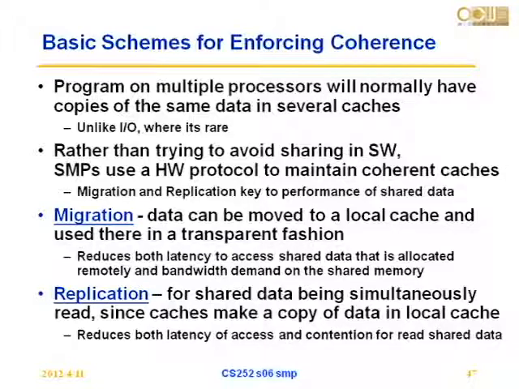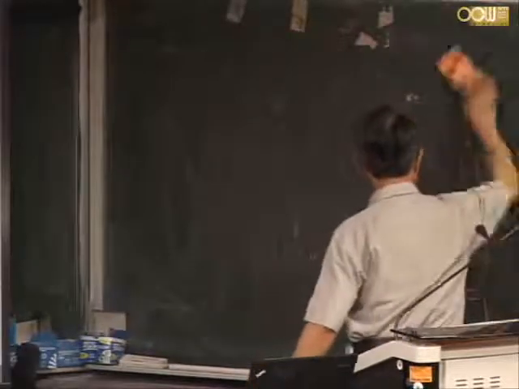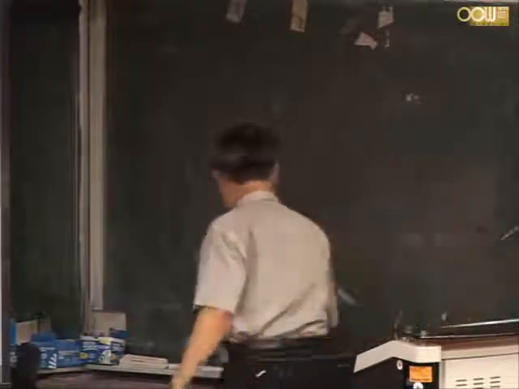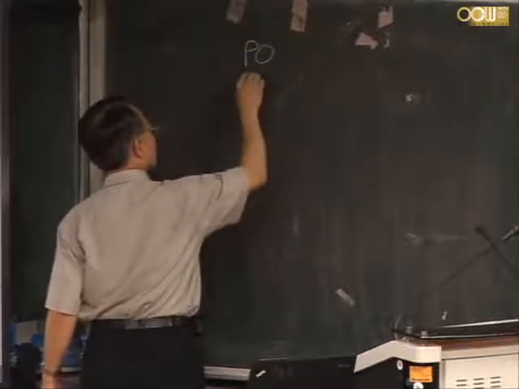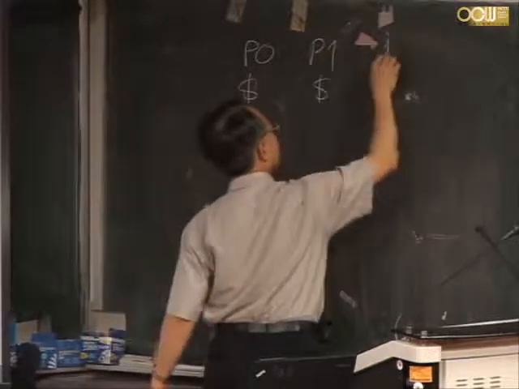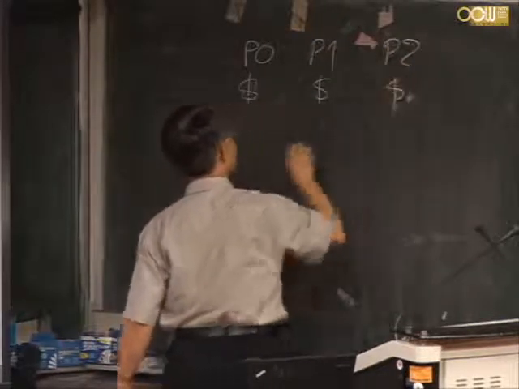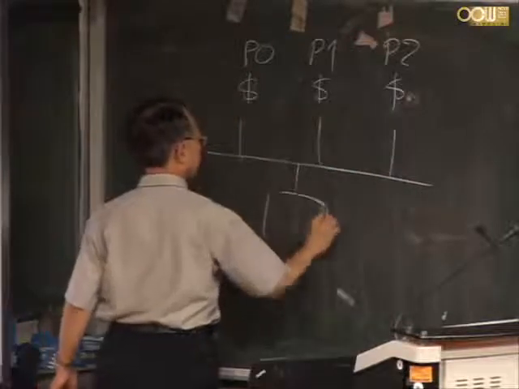Now I'm going to give you a much simpler diagram. Processor 0 with its data cache, 1 with its data cache, 2 with its data cache, and then memory.